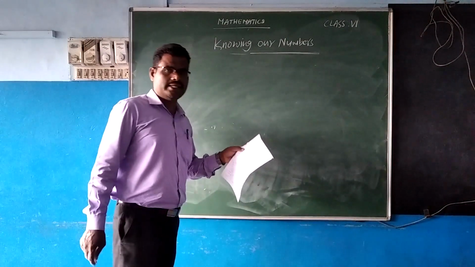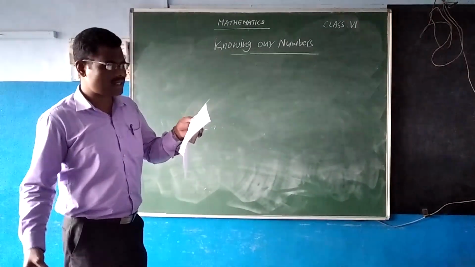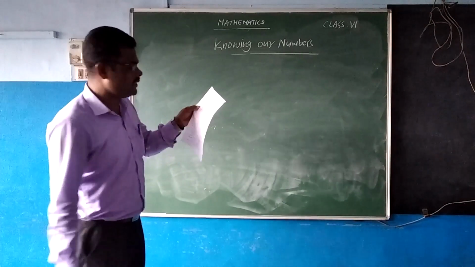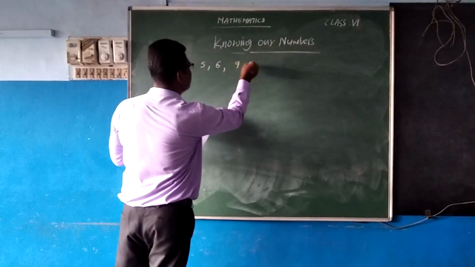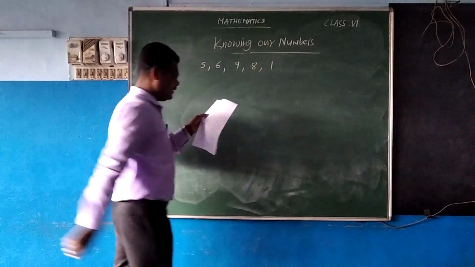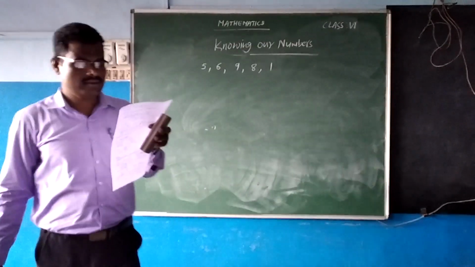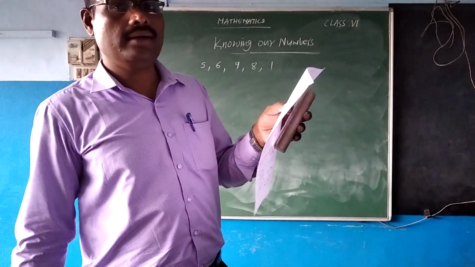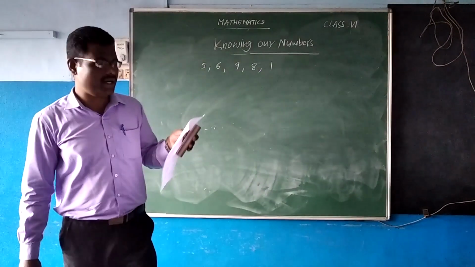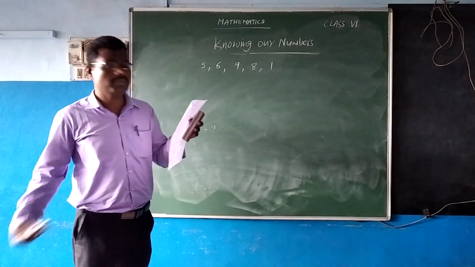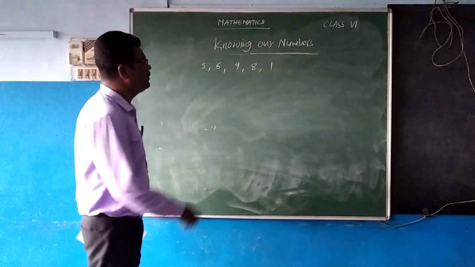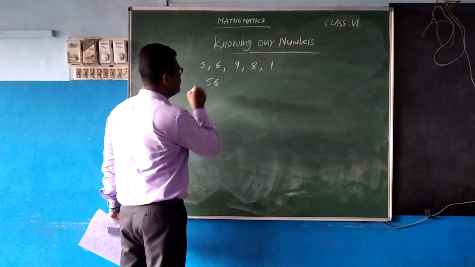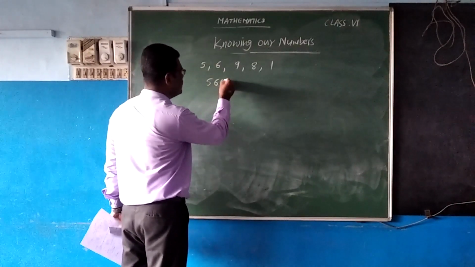The question is like this: how many 5-digit numbers can be made by using the digits 5, 6, 9, 8, 1? We can make 5, 6, 9, 8, 1.